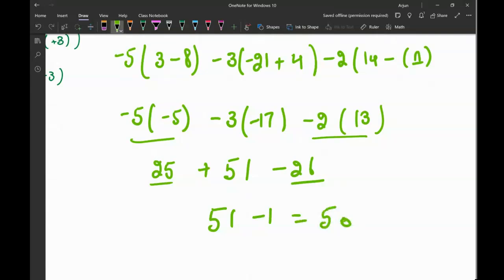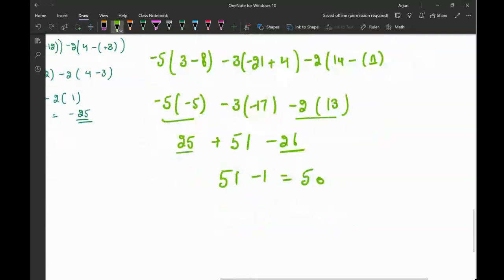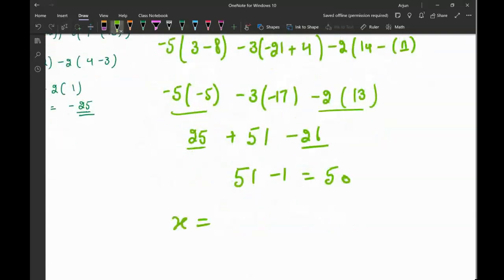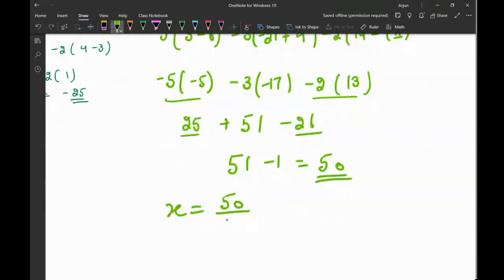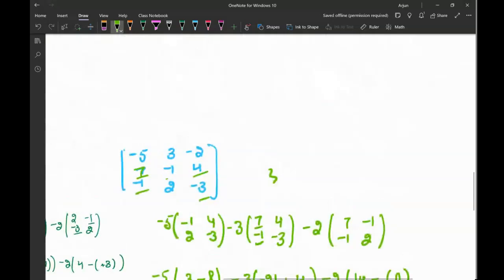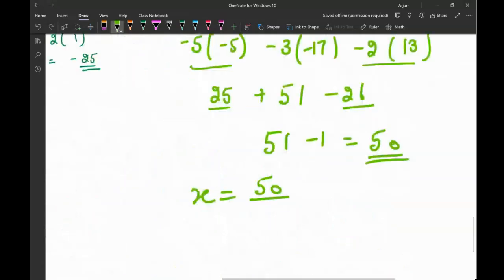All right, so I got the number. So now I'm going to find out the x value. I'm going to take the determinant I got from here, 50, and divide it by the actual determinant, the initial determinant which I got, which was equal to minus 25.